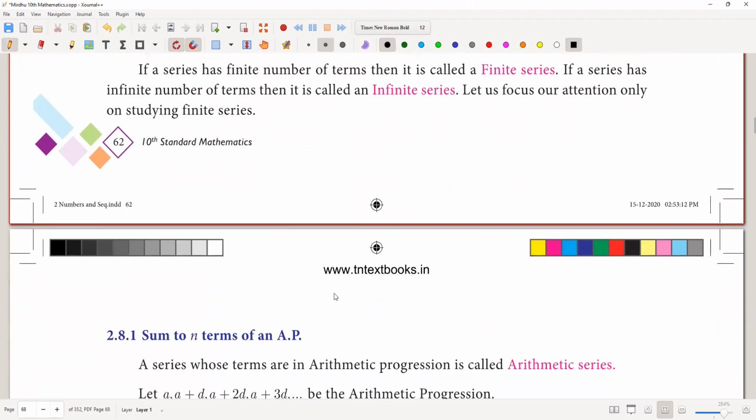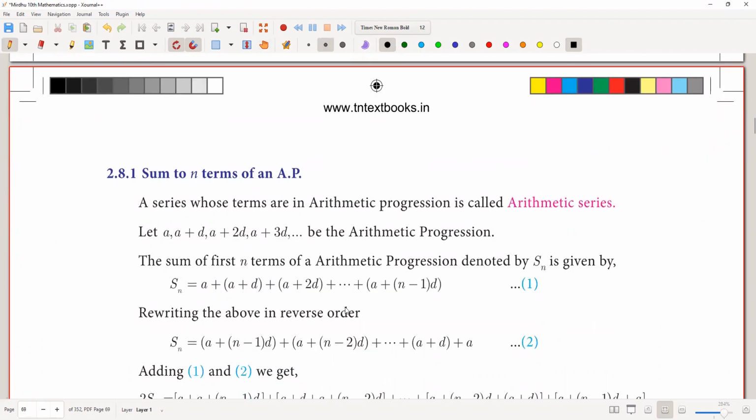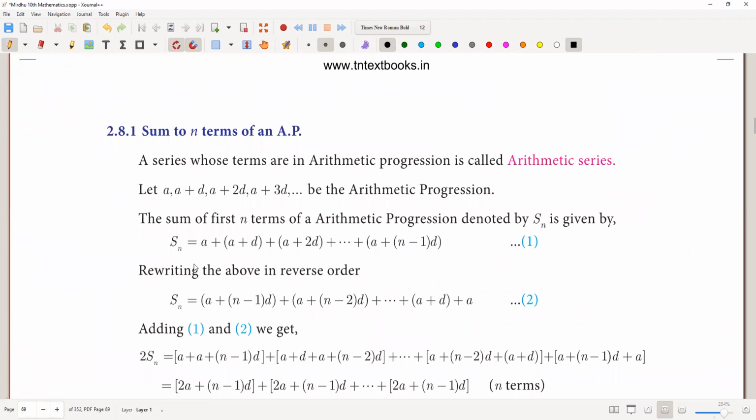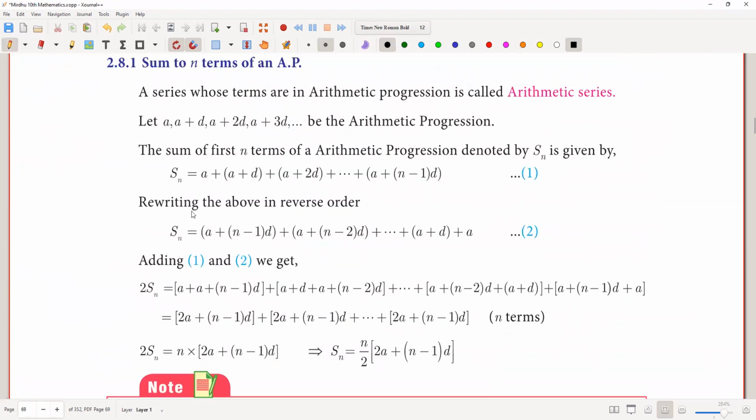Then series, sum of AP. Slightly the same. You just check into it. If it's easy, we can easily solve this. Check here, Sn. Sn is addition of all AP terms. I'm reversing the order. Now it becomes 2A plus N minus 1 D. So how many times will it be?